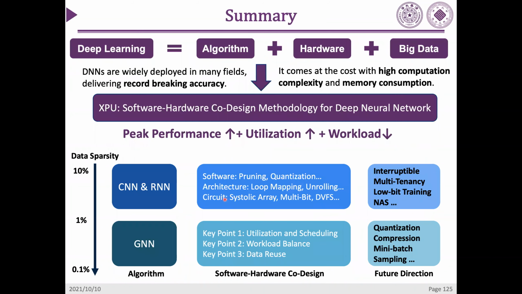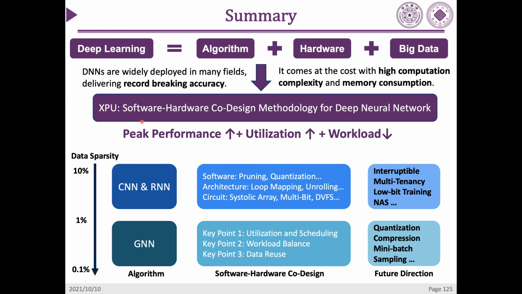Okay, so in summary, we talked a little bit about deep learning. What is deep learning? It is widely deployed in many fields. And for the hardware part, it becomes very costly, and we need to lower the computation capacity and the memory consumption and improve the energy efficiency.